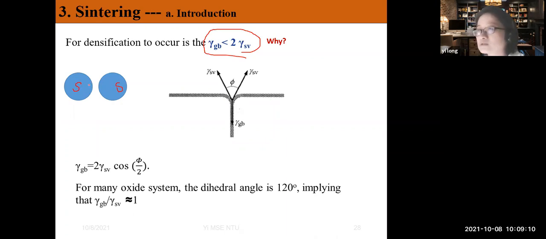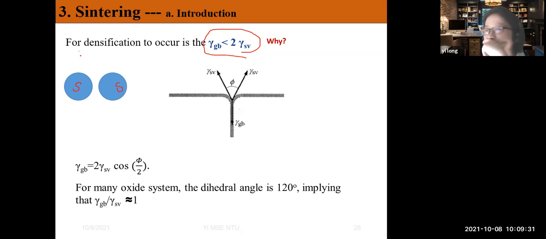So now, for this particle, what is the surrounding phase? Tell me, is it liquid phase, vapor phase, or gas phase? Vapor phase, okay, correct.